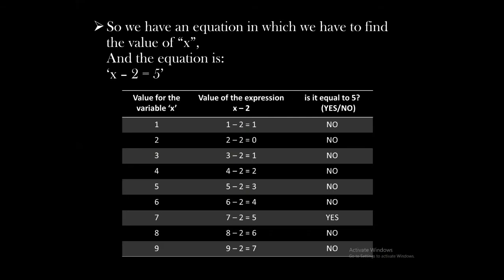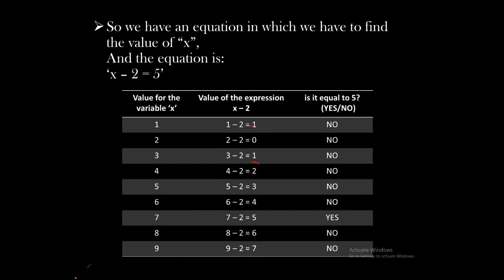No. 3 minus 2 is equal to 1. No. I think I made a mistake in writing: the answer for 1 minus 2 would actually be minus 1, not 1.